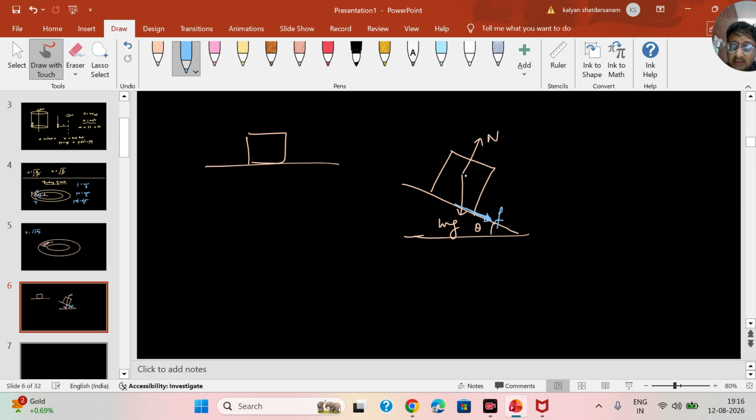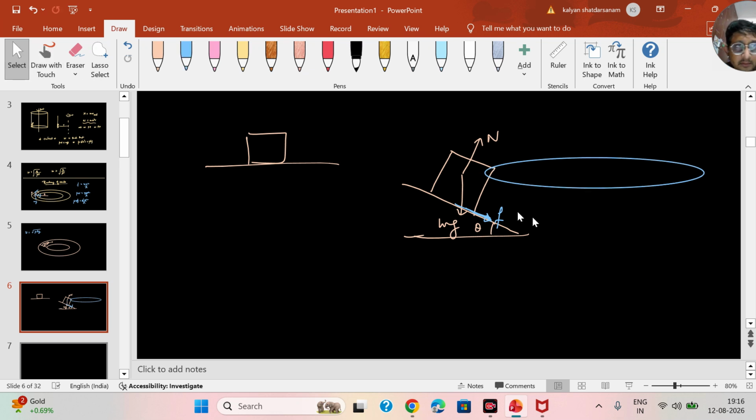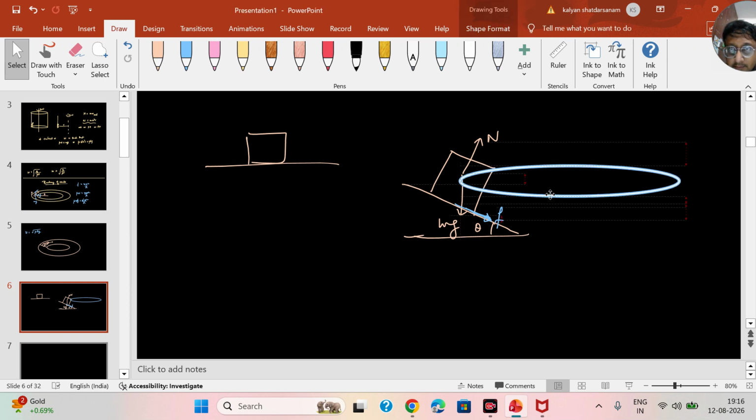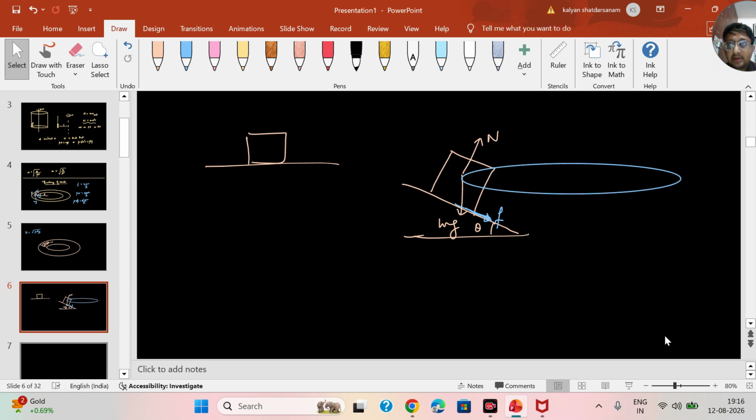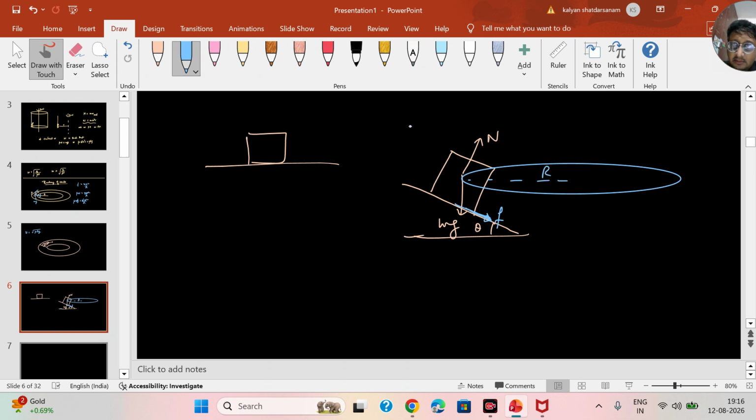Static friction, and it's going in a circle like that on the tilted road. So let us say this radius is r. It's trying to go in a circle of radius r, and now the speed is v.